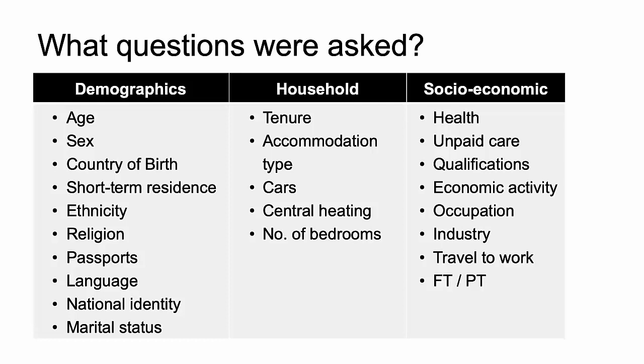There is also information about the number of cars available for household members. In the 2011 census, there's information about immigration, travel to work, and lots of information that is suitable for research purposes or for any sort of report writing. Lots of census data gets used by local governments, for example.